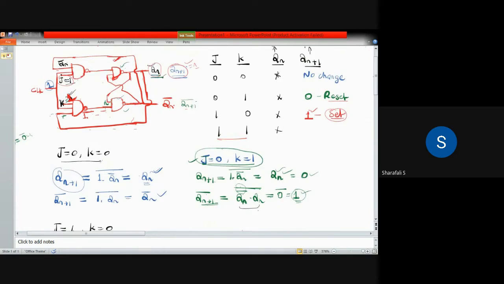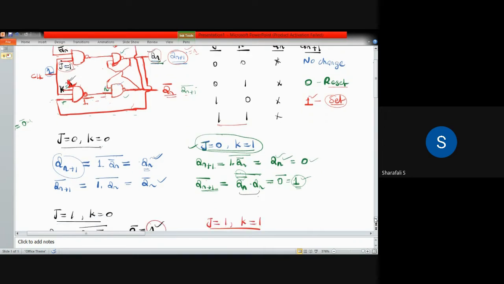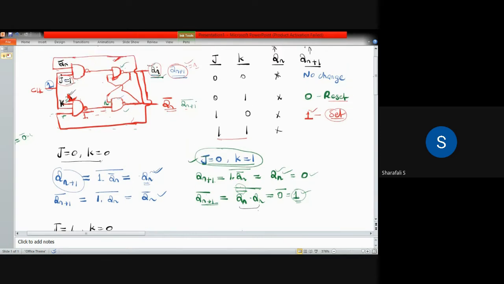So in that case, if you consider your values, first consider this Qn bar. We consider this one first. So J equal to 1. Here we are having Qn bar.